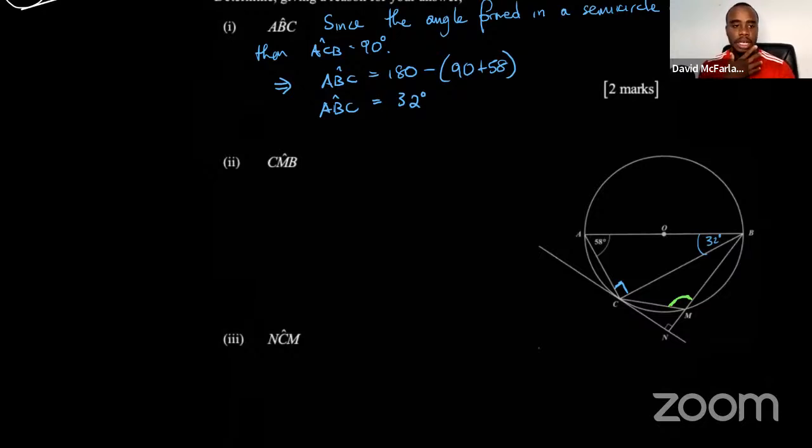If I look at CMB, I notice that it's a part of a quadrilateral, like what Serena here is saying. More specifically, it is a cyclic quadrilateral because all the points of the quadrilateral touch the circle.